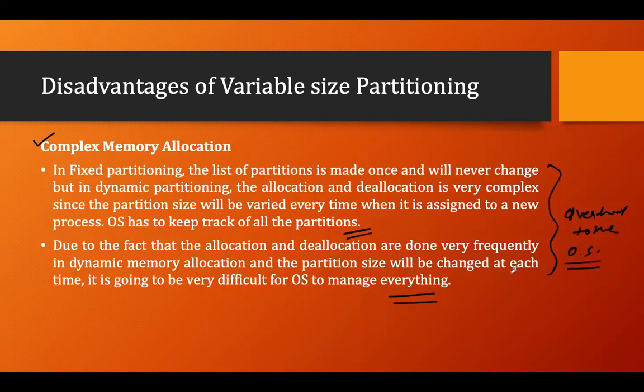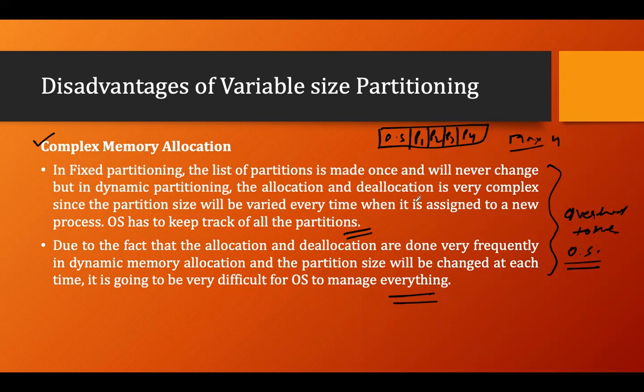Because in the fixed size, I have the operating system here and I have fixed-size partitions. Let's say how many partitions? 1, 2, 3, 4. So how many processes will come? Process 1, process 2, process 3, process 4. So a maximum of 4 processes could be accommodated here because of the fixed size.